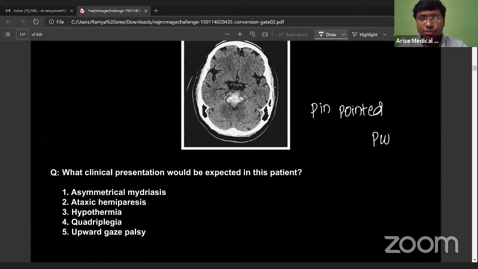This patient also presented with a pinpointed pupil. That was the presentation, right? I have examined all 4 limbs, and I have also examined the eyes of these individuals. Now tell me what clinical presentation would be expected in this patient? Hemiparesis. Okay.